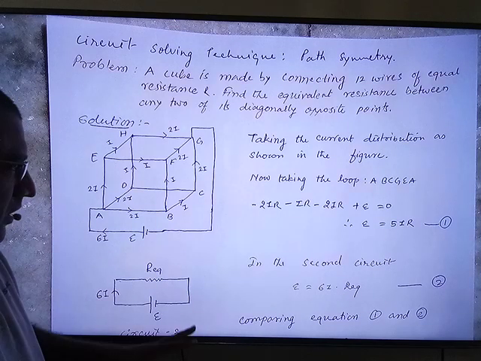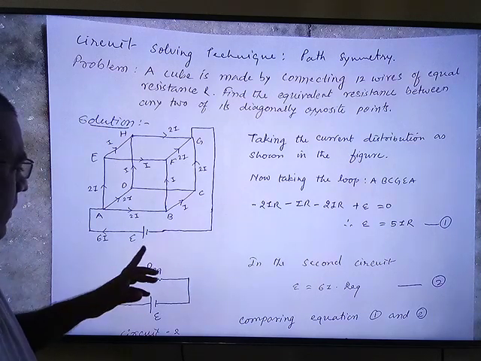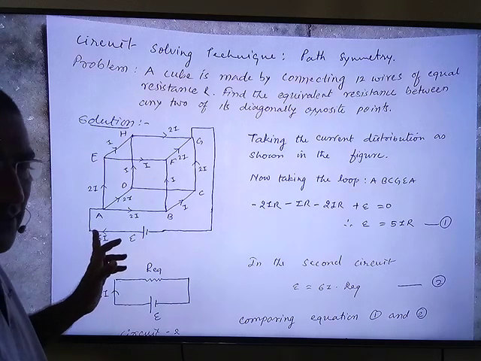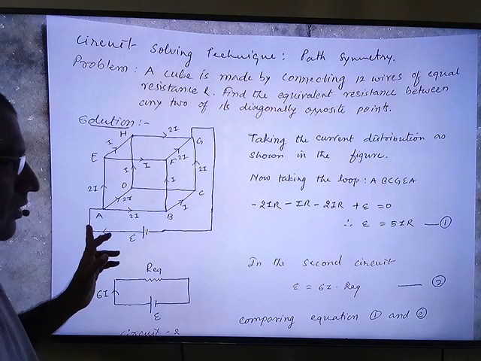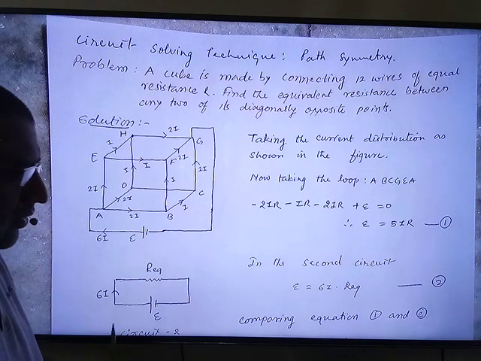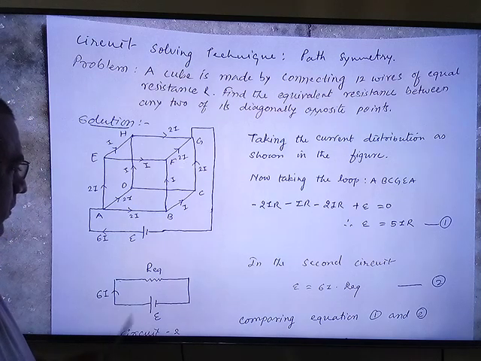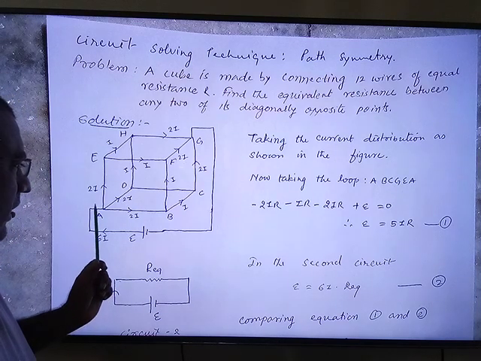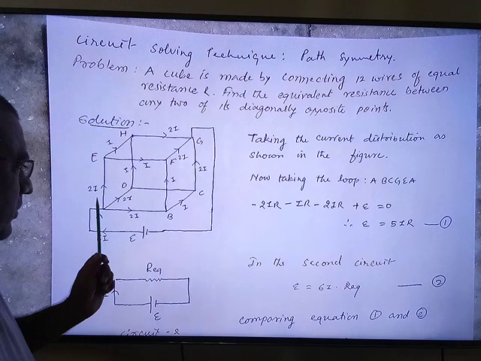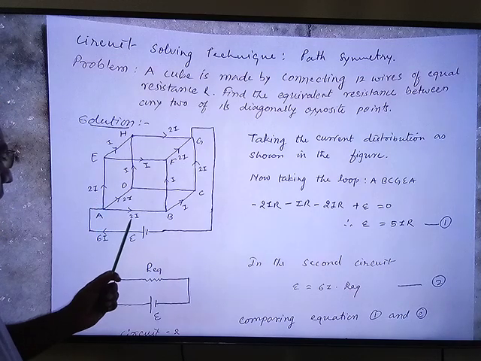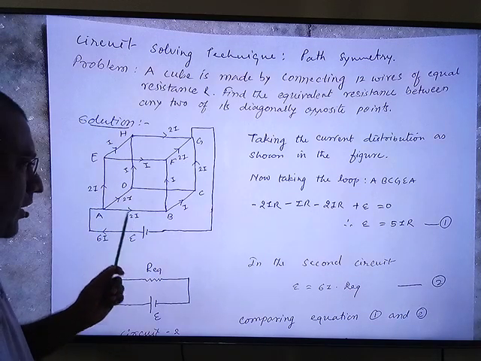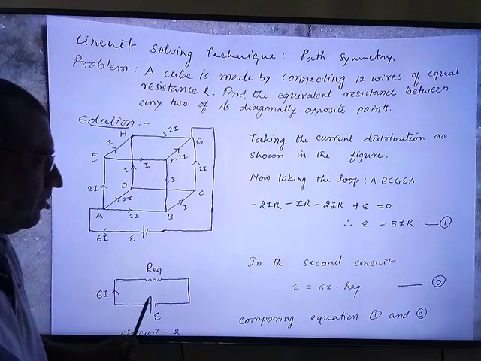So everything is now all right. The current flowing through the battery is 6I, I've chosen, and you know the reason for the same. Now this 6I current would actually divide into 3 equal parts. So I have divided them into 2I, 2I, 2I each.